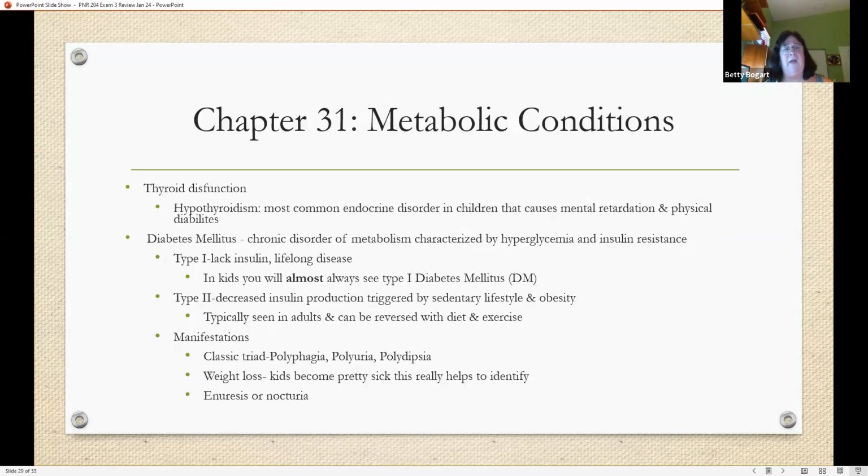Metabolic, thyroid, diabetes. A thyroid condition is just like adults, but what is the difference? Well, we need the thyroid hormone to grow. Adults, you've already grown up. Also, it's needed for their mental cognition.